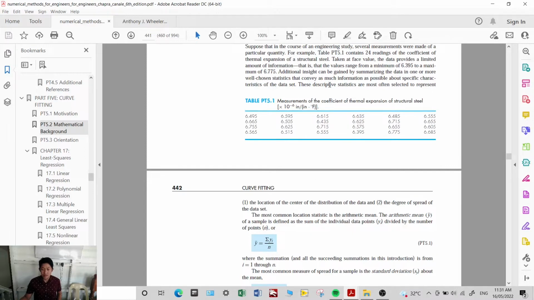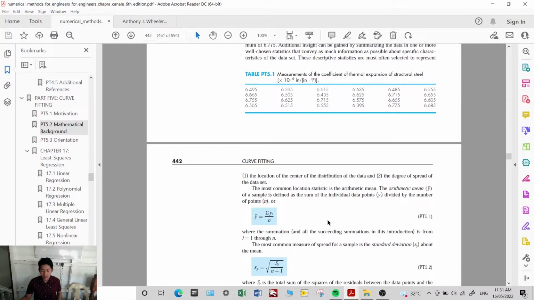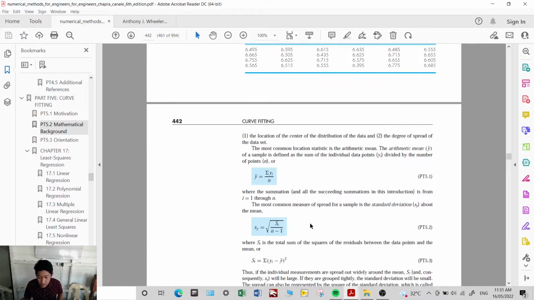So this will be the location of your center data. And if you want to get the spread, or how much the data differs from the center point or the arithmetic mean, you have the standard deviation.